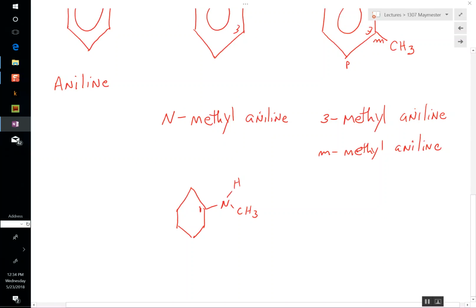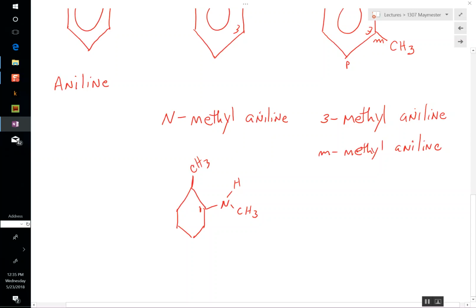So if there's other substituents on it, then you would start at 1 and go, right, we would count from there. And we would count to them in the shortest distance. So if there was another one right here, that would be position number 2. I wouldn't count around to number 5.